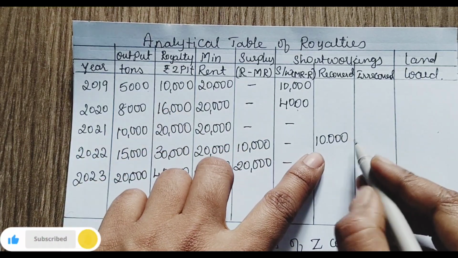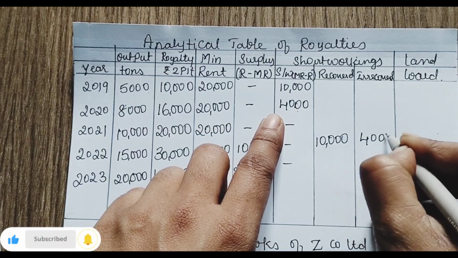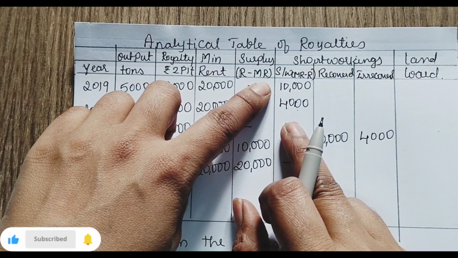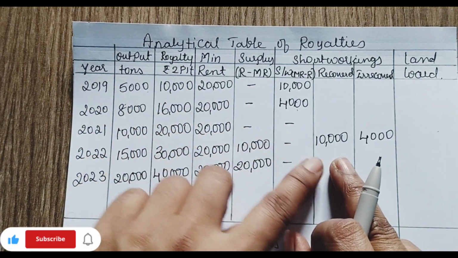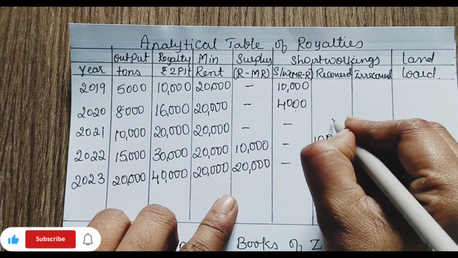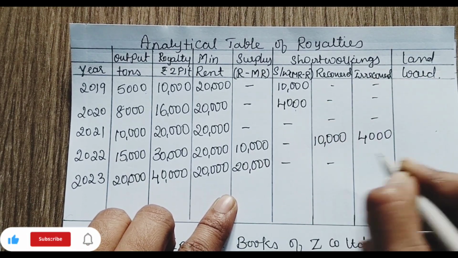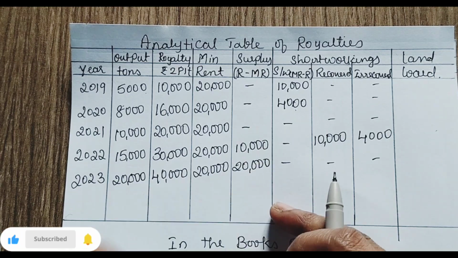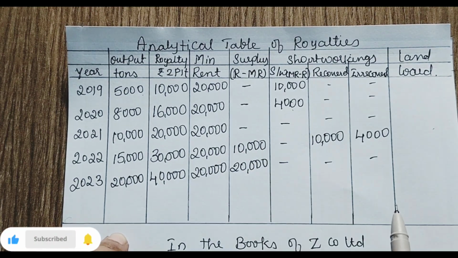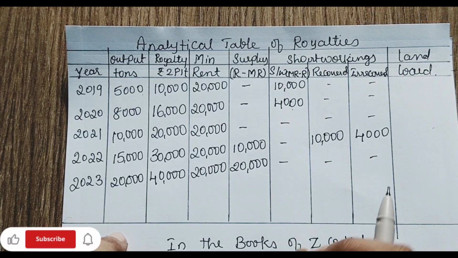How much did you recover? 10,000. What is the balance? 4,000 is irrecoverable. Is it clear? 10 plus 4, 14,000. 14,000 minus 10,000, 4,000 is irrecoverable. Understood? Because the first step is preparation of the analytical table. If this goes wrong, your entries will automatically go wrong. So you need to be very careful, and it is very easy also.